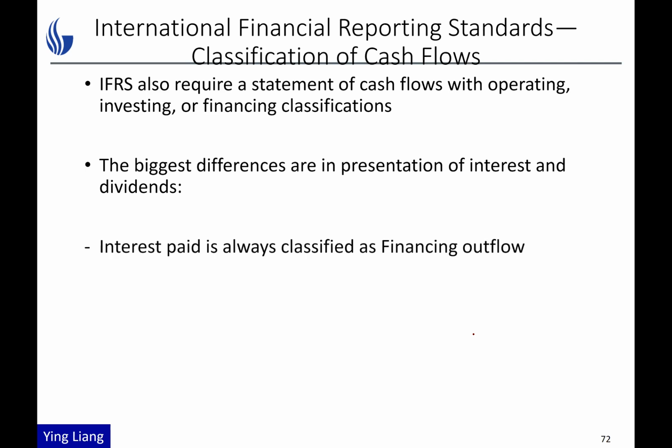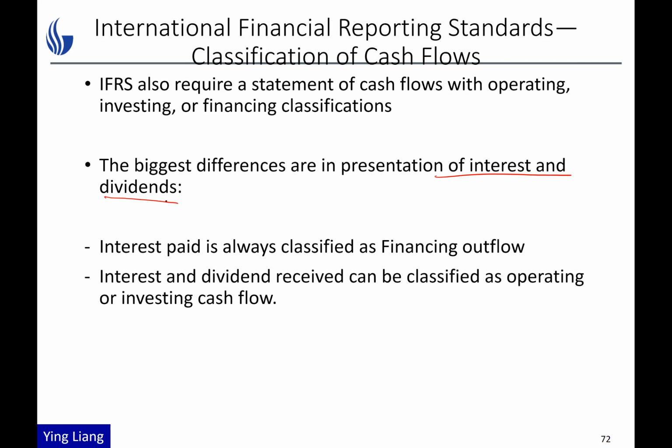The biggest difference is actually on the presentation of interest and dividends. So in the IFRS, they are not focusing on matching the operating activities and income statement. So they put interest paid as a financing outflow, and interest and dividends received are operating, but dividends paid and interest paid, as long as it's the paid one, is always financing.